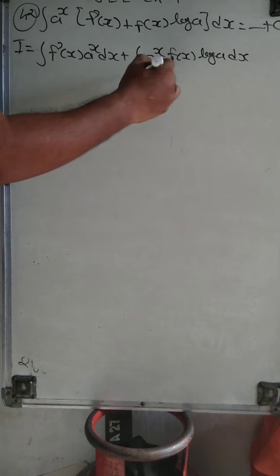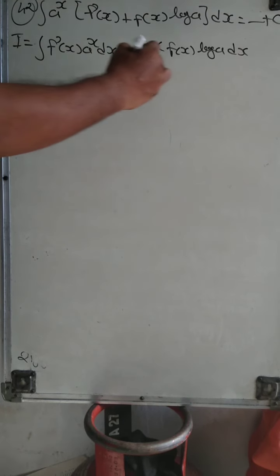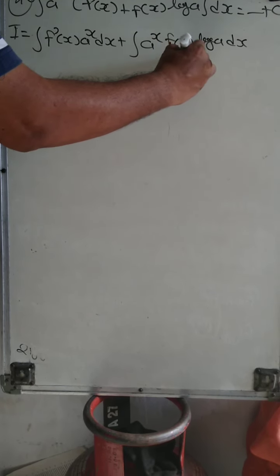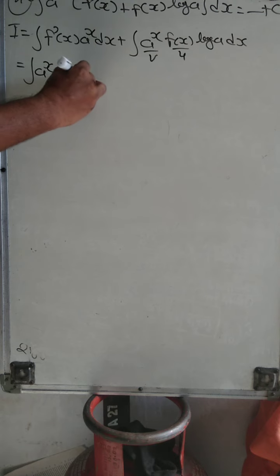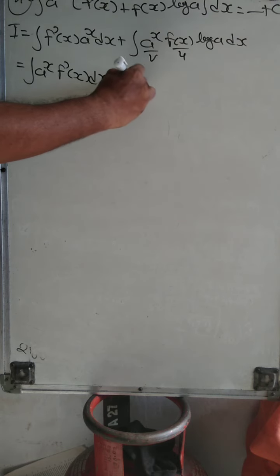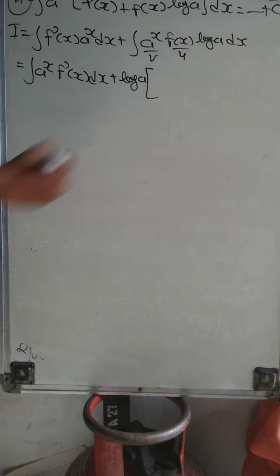Now here we take this is u and this is v, right? So integration a raised to x f dash x dx plus log a we put outside, and then we use the partial integration law. First as it is, integration of second, minus integration of derivative of first and integration of second as it is.